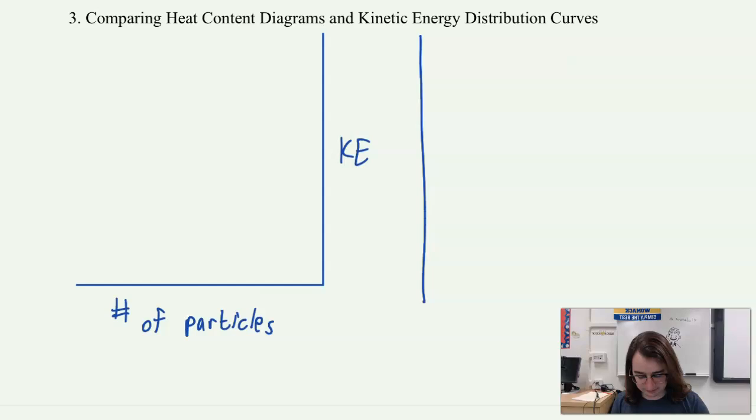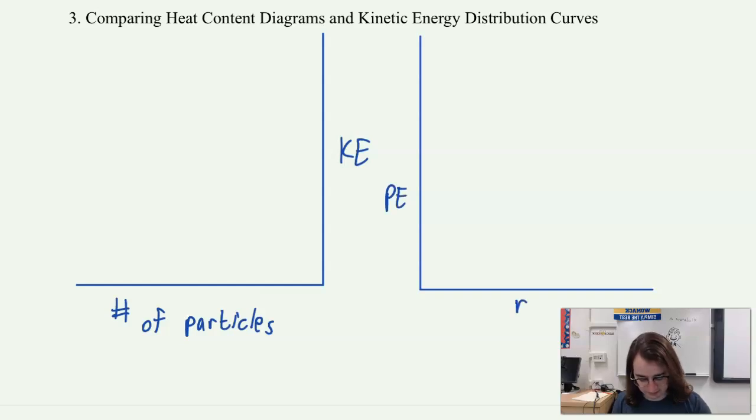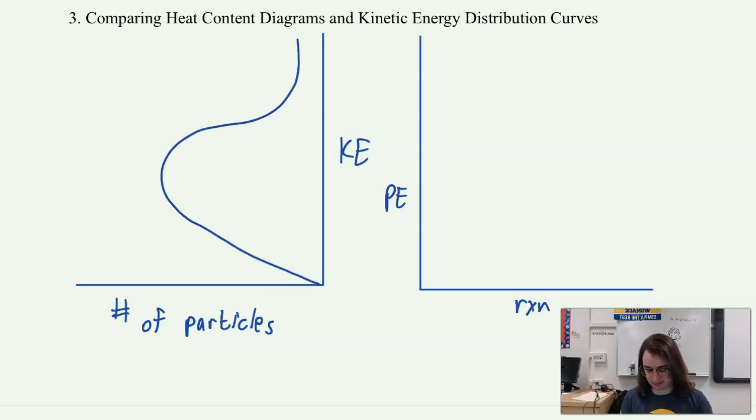Then I'm going to compare it to one of these heat content diagrams that I was drawing before. I'm just going to write reaction on the bottom. You might want to take your paper and turn it to the side so you can draw your heat content diagram. And so that's my kinetic energy distribution curve.